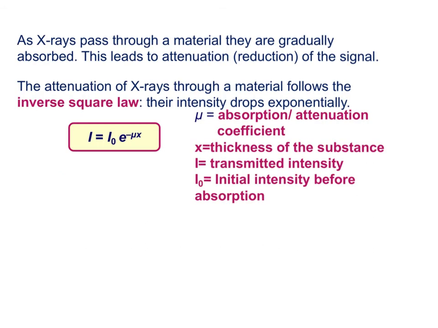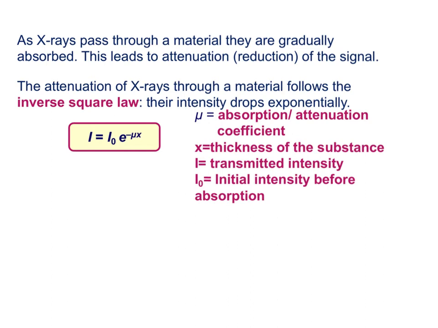Okay, so just to remind you, all these different attenuation mechanisms have one thing in common. They have X-ray photons that interact with matter, and for three of them we've seen that this interaction leads to a reduced intensity of the X-ray beam or photon.